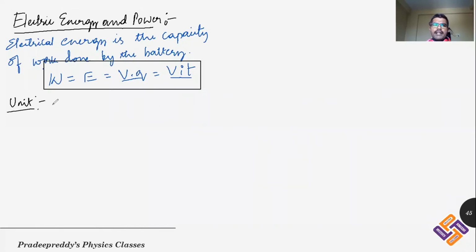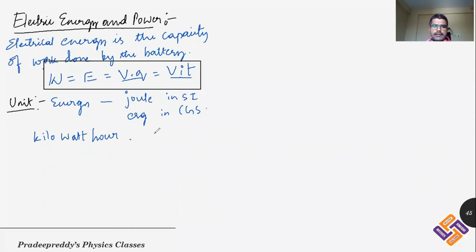The unit of energy is joule in SI system, erg in CGS system, and the other commercial unit is kilowatt hour.